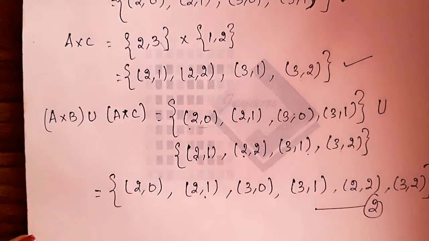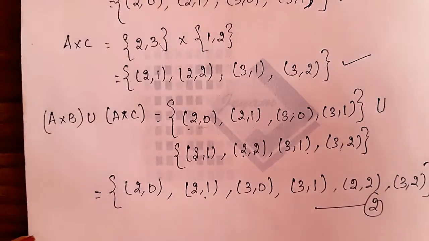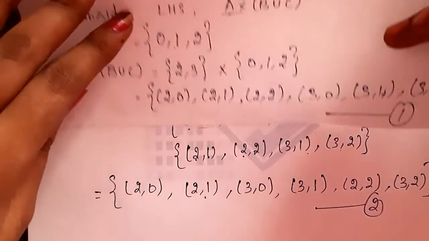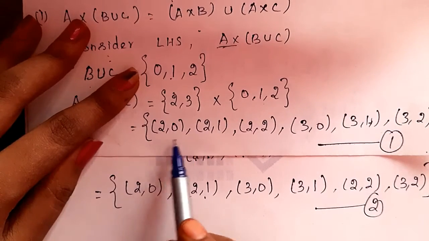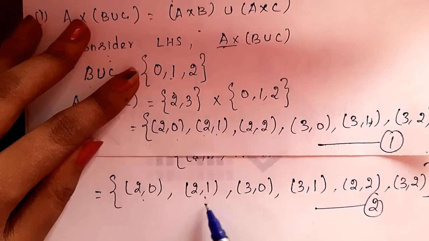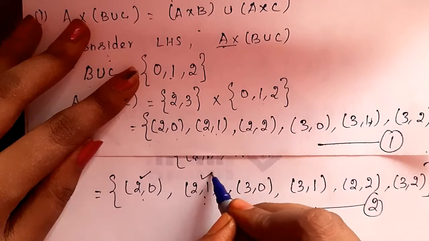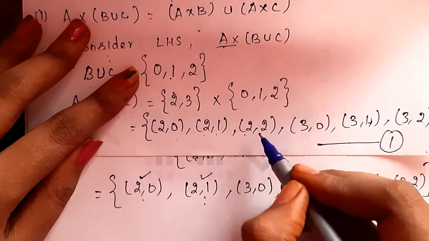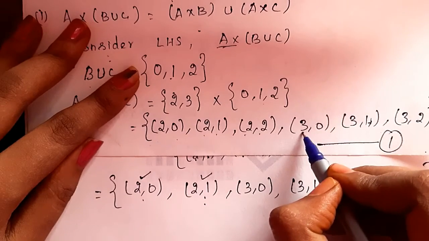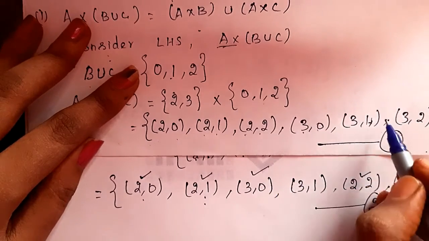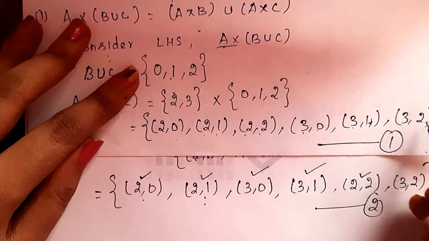Now we can compare equation number 1 and 2, whether both are same or not. Look, equation number 1, (2, 0) is here, (2, 1), so this element is here, this element is here. Then (2, 2) is here. (3, 0), then (3, 1), (3, 2).